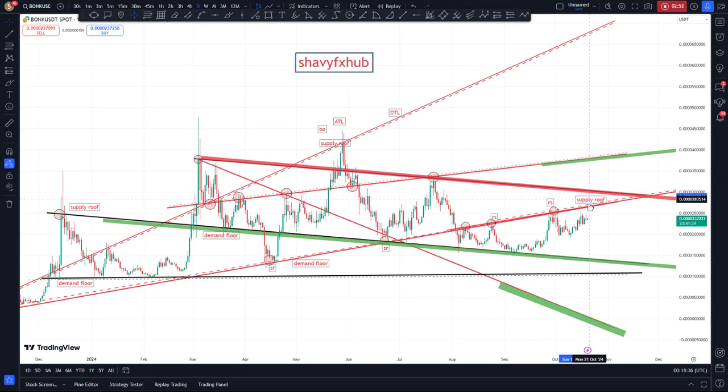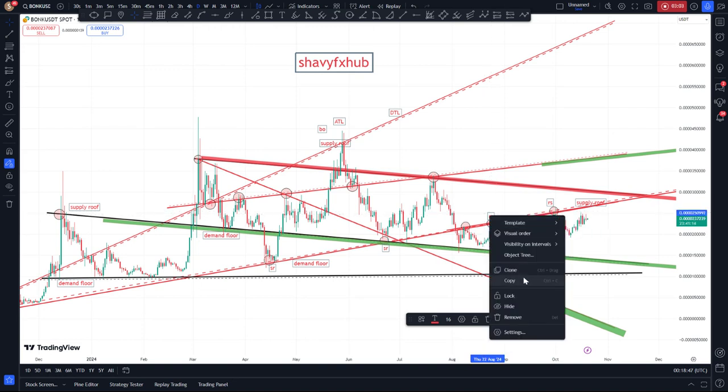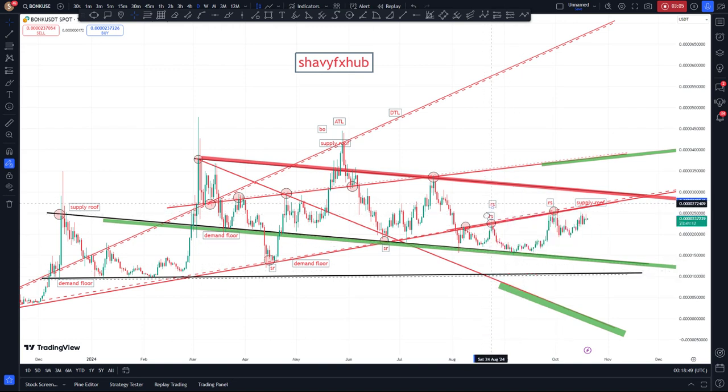So technically, on the ascending trend line, price had broken out from the ascending trend line, switching from demand floor to supply floor. So we'll be looking out for a critical sell opportunity as price has made a switch.